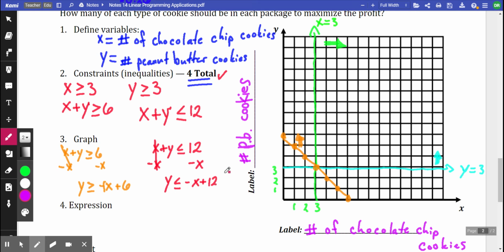So just kind of like last time, we have slope-intercept form. Our y-intercept this time is 12, so we count up to there. This was 6, so 7, 8, 9, 10, 11, 12. Slope is negative 1 again, so we go down 1 to the right 1, down 1 to the right 1, and continue that pattern.